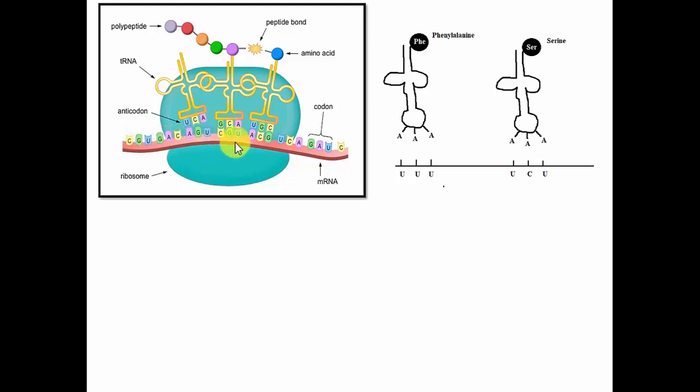As messenger RNA comes in, the ribosome is going to position the RNA so that transfer RNA can come in on top of the messenger RNA. In order for the protein to begin being synthesized, the transfer RNA anticodon region has to match up with the codon region of the messenger RNA.